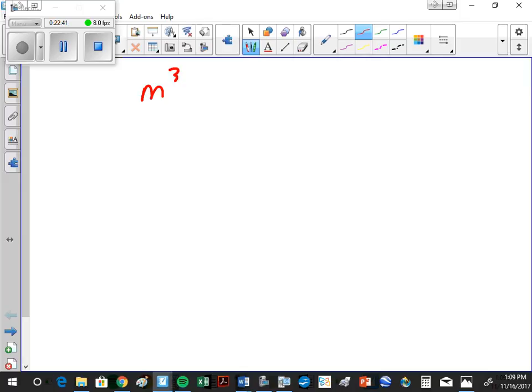So m to the 3rd minus m squared plus 7m minus 7. This is eventually going to be factored into 3 sets of parentheses. Okay? And I know that they all start with m.